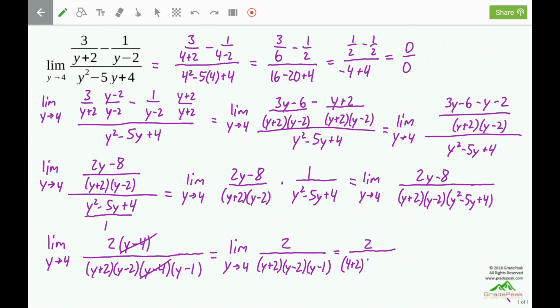And it'll be 2 divided by 4 plus 2, 4 minus 2, 4 minus 1, which will be 2 over 6 times 2 times 3, which is 2 over 6 times 2 is a 12 times 3 is a 36. So we now have 2 over 36, which does have a common divisor of a 2. Let's divide them each by 2 and finish out with 1 over 18.